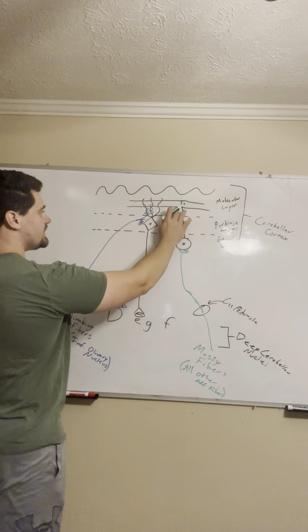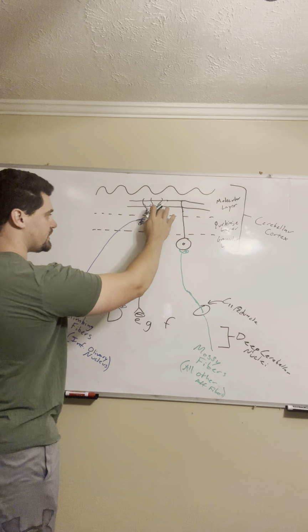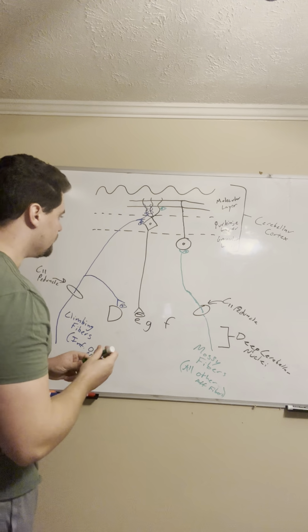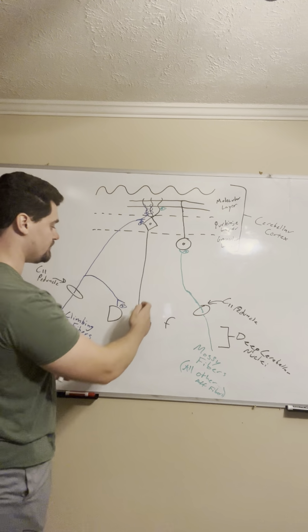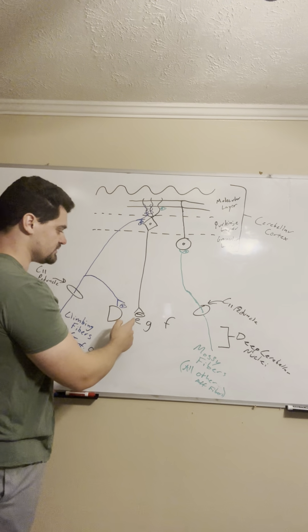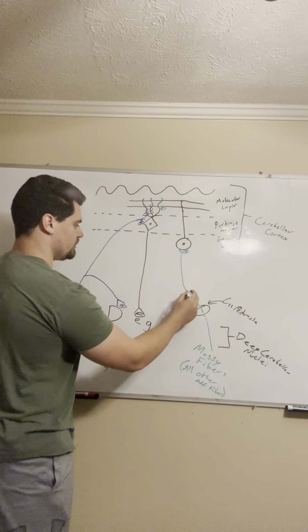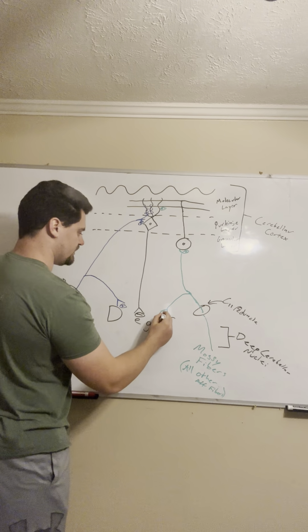And what it does is stimulate the Purkinje cell, and then the Purkinje cell is also going to come down and send an inhibitory message, and it does the same thing here.